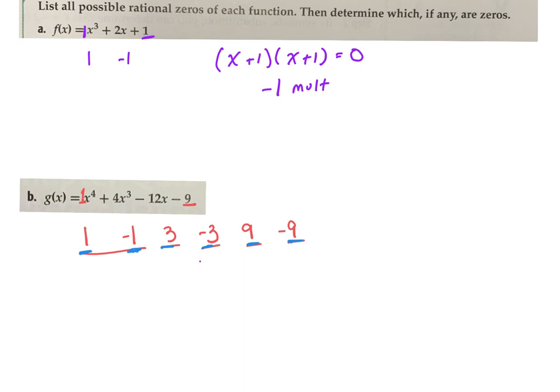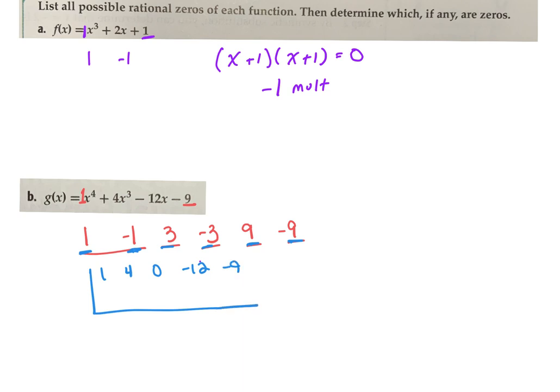Remember your last question on your quiz: is it a factor, yes or no? All you did was synthetic division and decide whether or not your remainder was a 0. So I'm just going to do synthetic. 1, 4, what's my x squared? 0, -12, -9. Some of you need to pay attention.